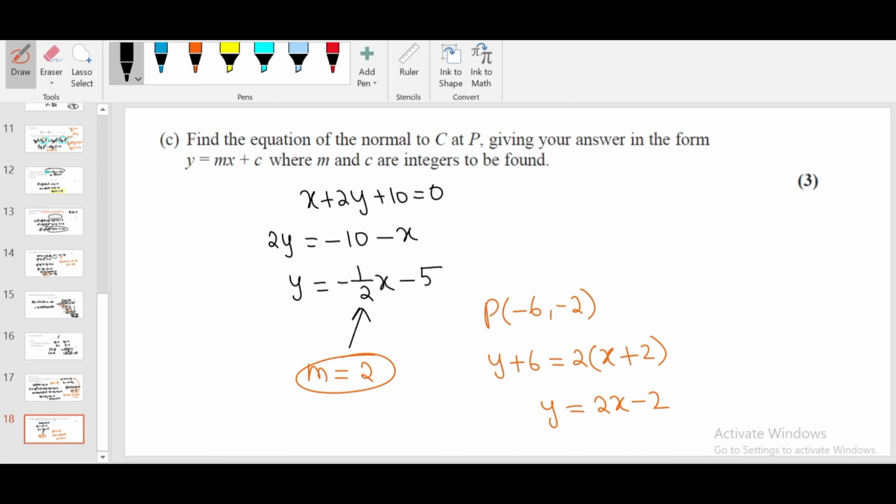Wait, I think I made a little mistake here. So I will get 2x plus 12 minus 2 is 10. That's the equation. They want the equation in the form y equals mx plus c. That's it.